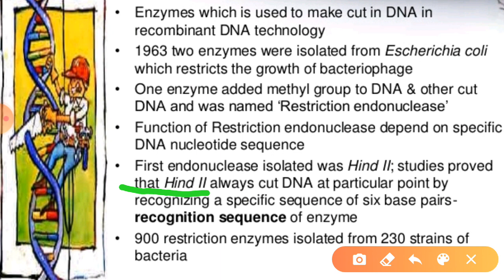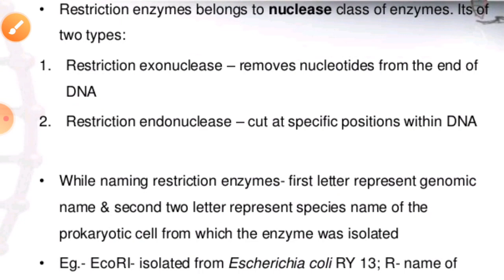Means this HindII always cuts at a particular place, a particular sequence, known as the recognition sequence. After HindII, 900 restriction enzymes were isolated from 230 strains of bacteria, which recognize different recognition sequences, means different specific places.